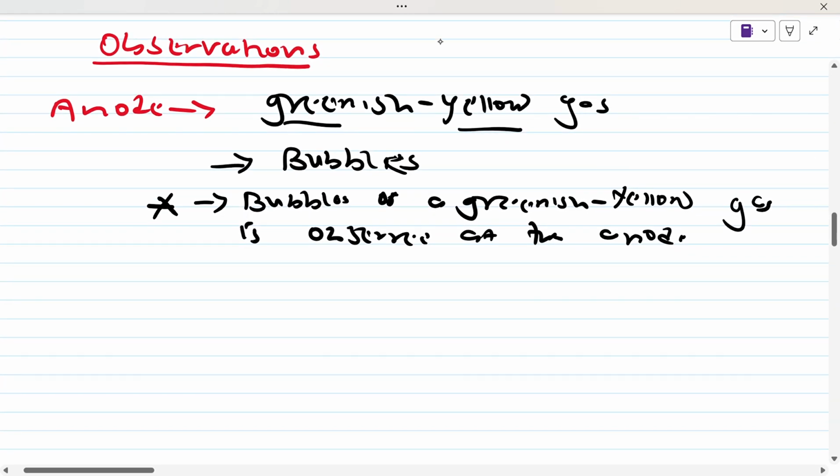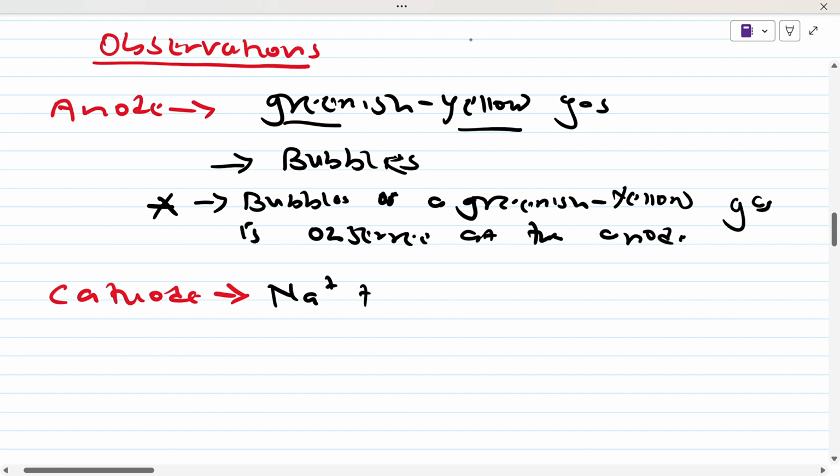The next stage is the observation at the cathode. So I really need to justify what moved at the cathode was sodium ions.